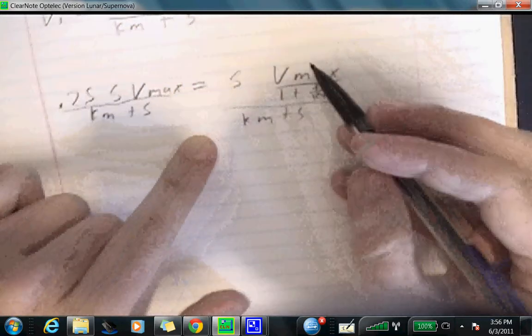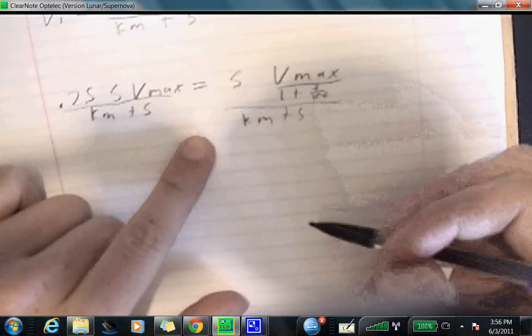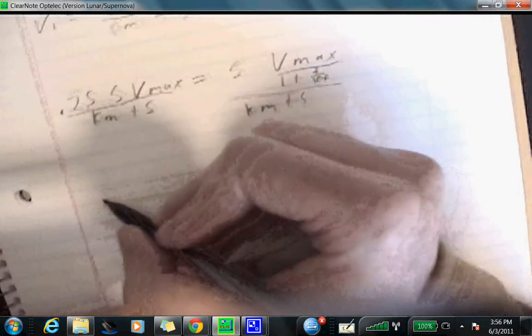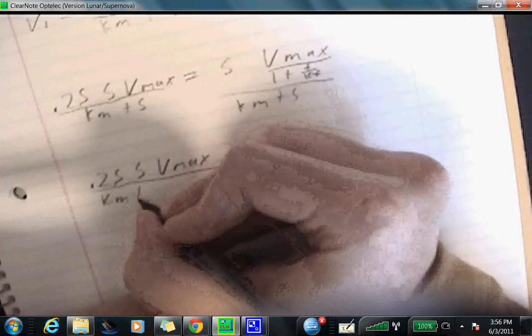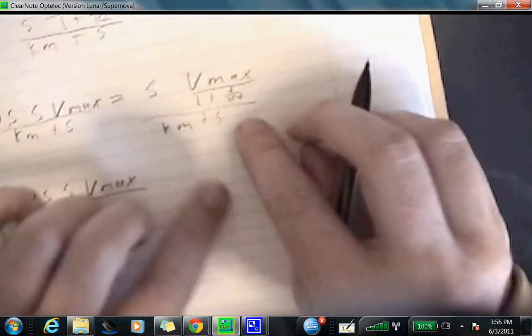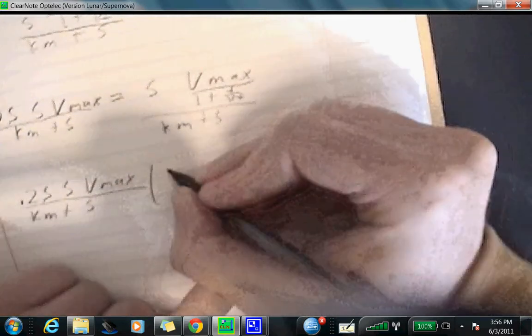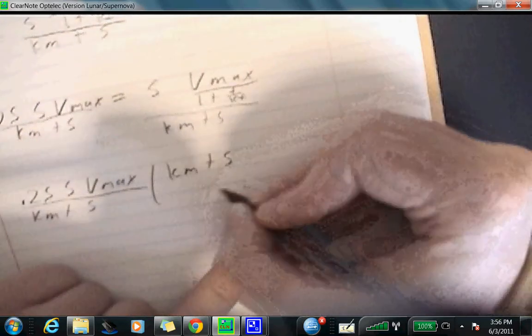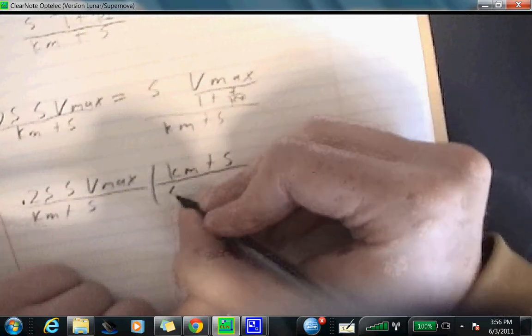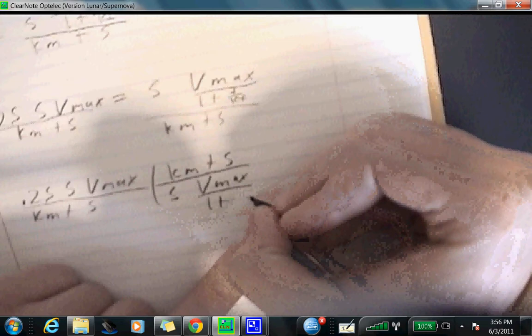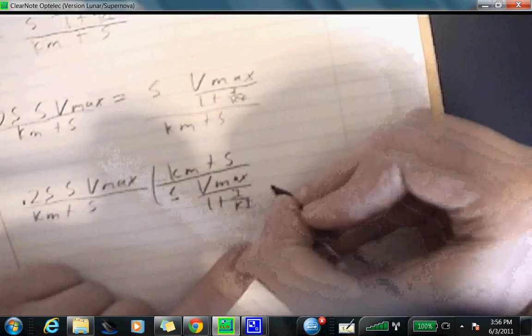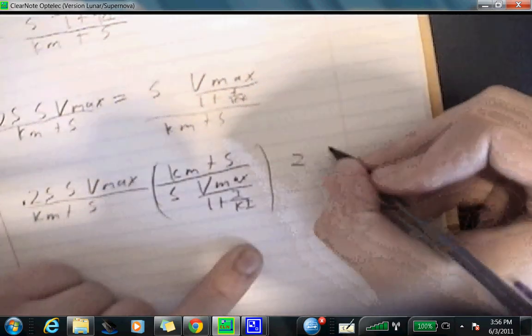So all I'm doing is multiplying by the inverse of this. 0.25 S Vmax divided by Km plus S, and then I'm going to multiply by this. So now it's going to be times Km plus S divided by S Vmax divided by 1 plus I over Ki. This is going to equal 1.